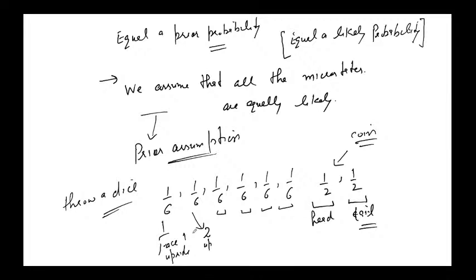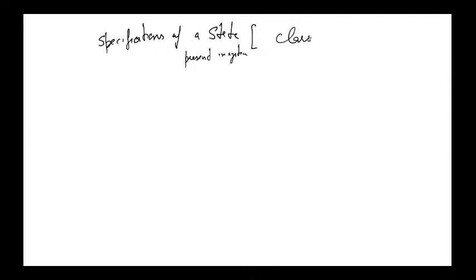Now let us discuss the specification of states, classical and quantum mechanically. Specification of a state that is present in a system: classical versus quantum state.